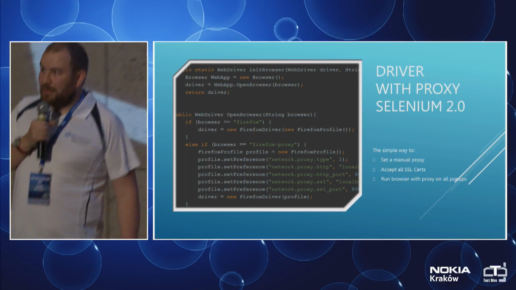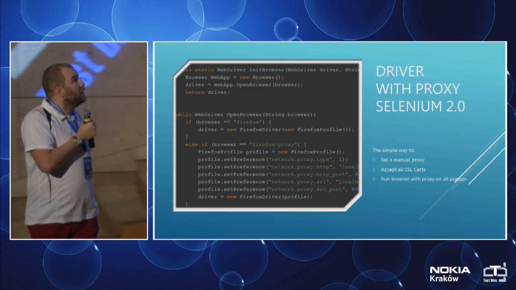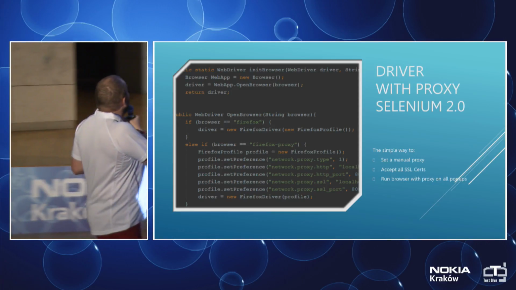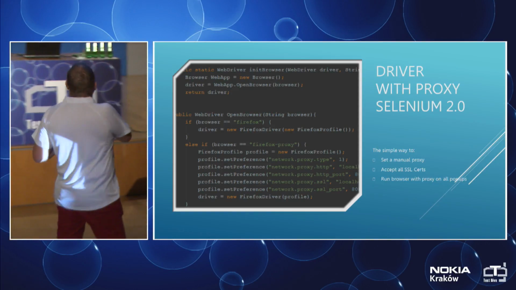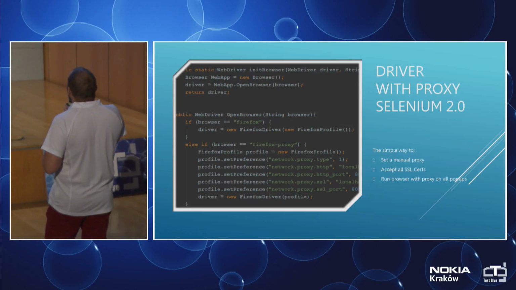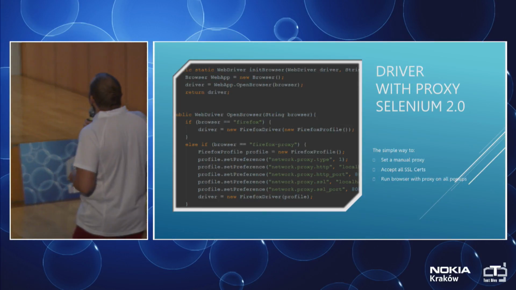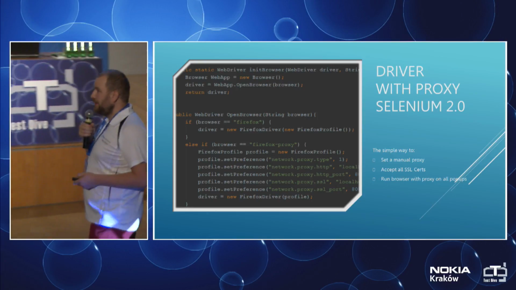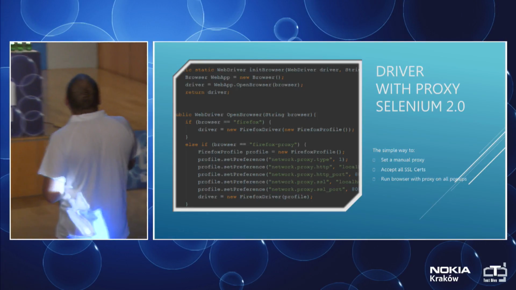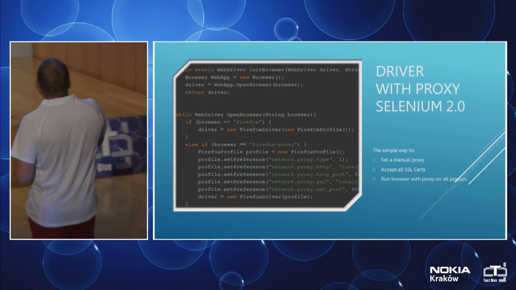So this is an example of implementation in Selenium 2.0. You run a browser, for example, Firefox. You create a new profile, and you set all the HTTP and SSL proxies there, accepting all certificates.